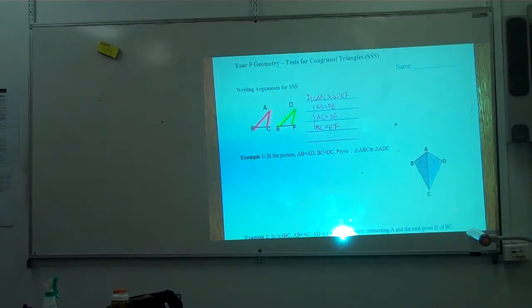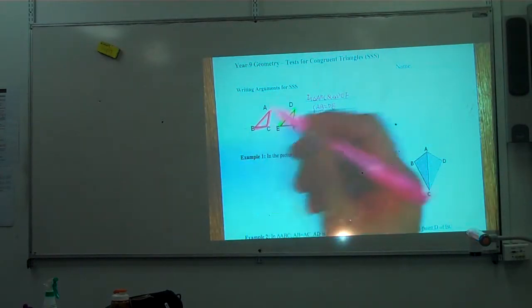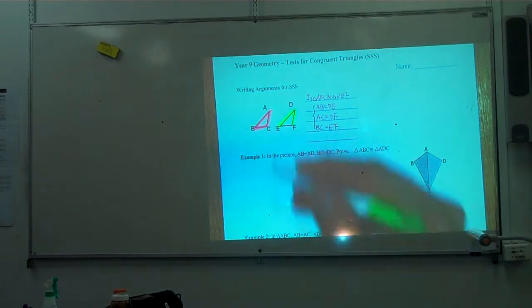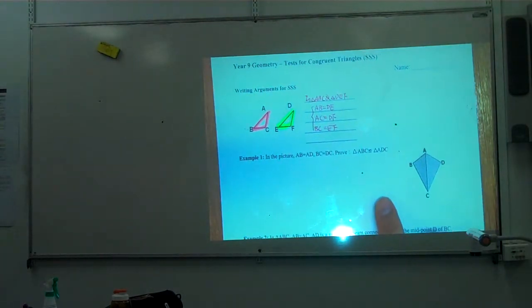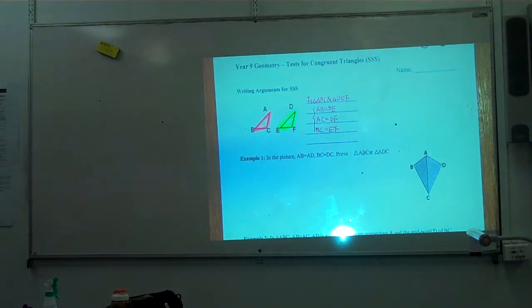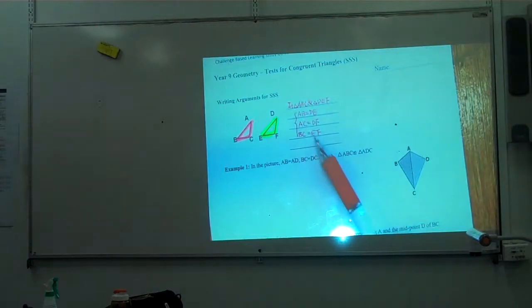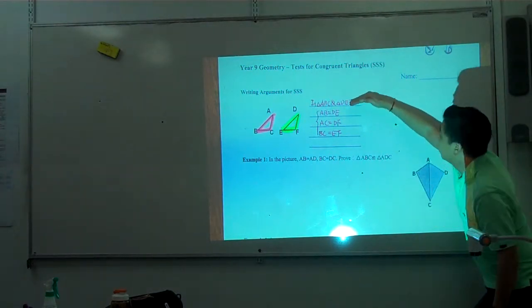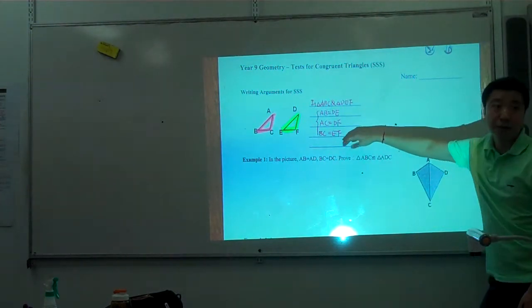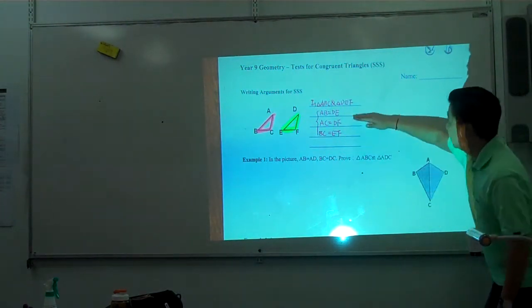Okay, BC, you can double check, this is BC. Okay, if I move this triangle, they can cover each other. So there are 2 triangles, they can cover each other, and then, okay, we can write these arguments here. We can call that arguments. Alright, 3 paragraphs. So introduction and 3 paragraphs to prove your ideas.